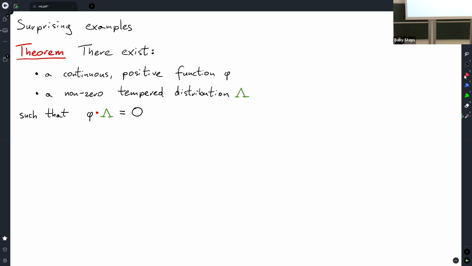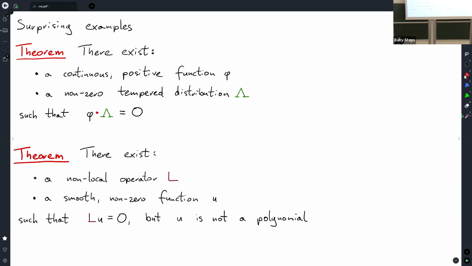And you can really make these objects related to what you're interested in. You can do the inverse Fourier transform and work a little bit harder to find a non-local operator L of the form that I just listed before, given above, and a smooth non-zero function U, which is harmonic, a solution of LU equal to 0 everywhere, but which is not a polynomial.